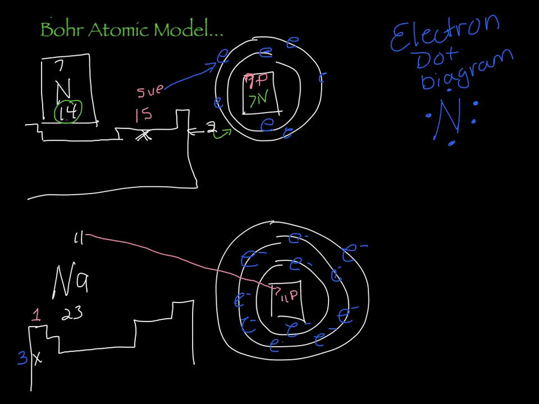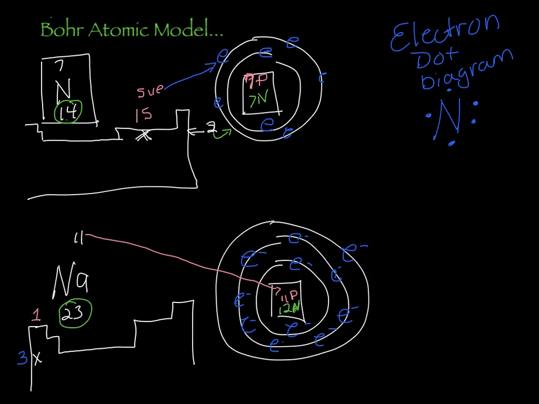So that's 10, 11. And then the neutrons are determined by the atomic mass, which is 23, 11 of which are protons, making 12 neutrons. There are 12 neutrons.